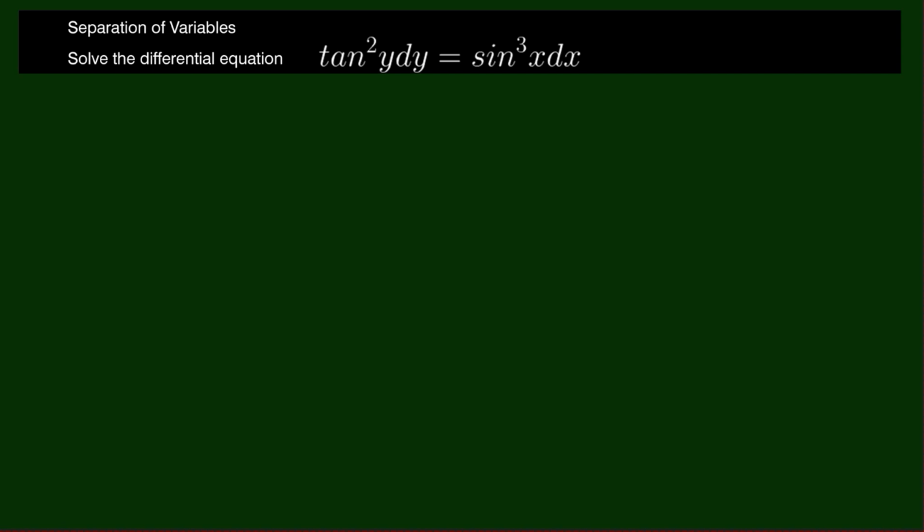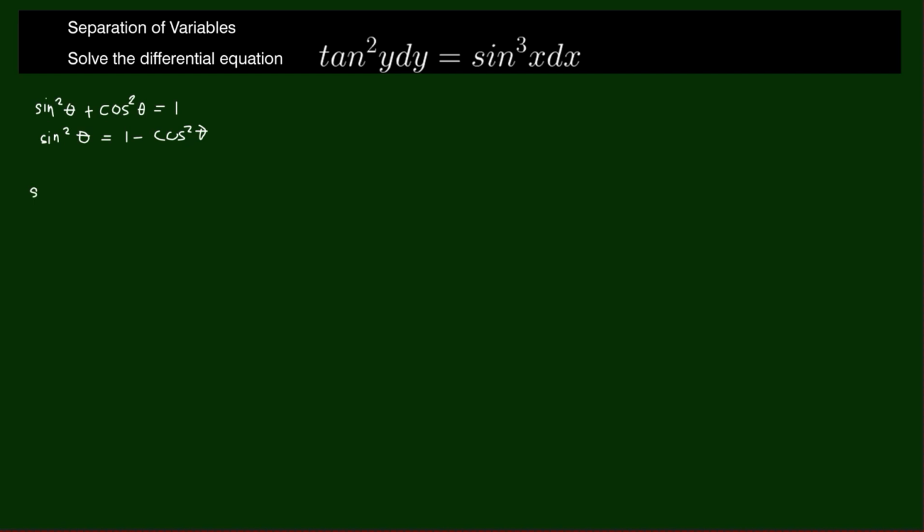But first of all, we will need some trigonometric identities to be able to solve this one. If we recall, sine squared theta plus cosine squared theta equals 1. So it follows that sine squared of theta is 1 minus cosine squared theta.